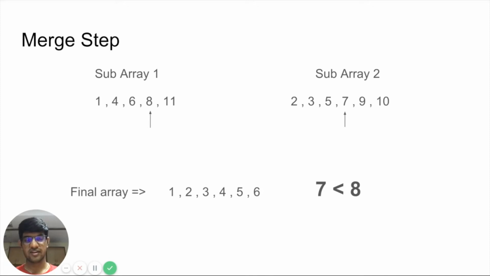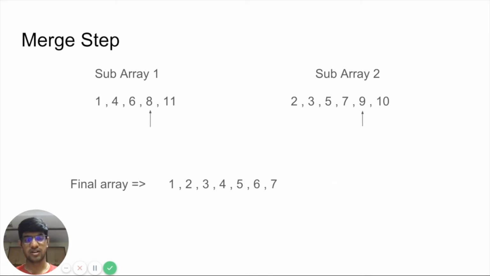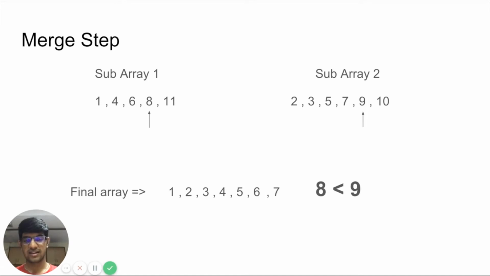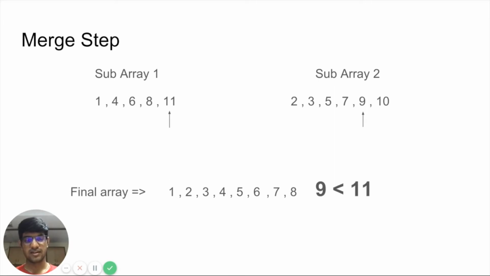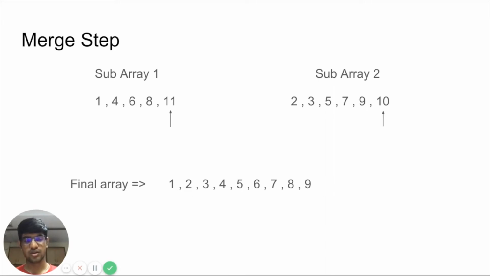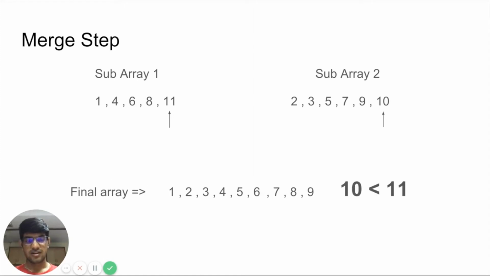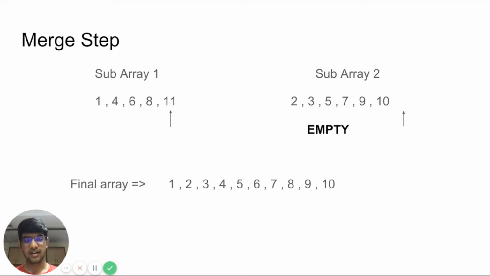Since 7 is less than 8, 7 is included in the next step and its pointer is increased. Since 8 is less than 9, 8 is included in the next step and its pointer is increased. 9 is less than 11, hence it is included in the final array and its pointer is increased. 10 is less than 11, hence it is included in the final array and its pointer is increased.